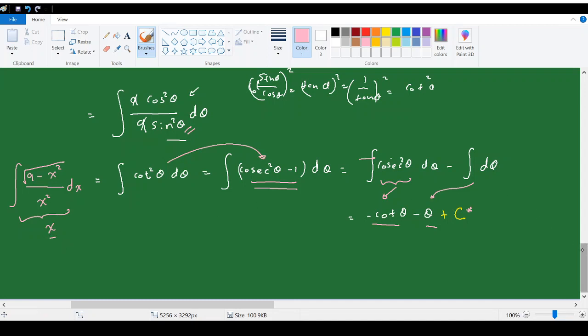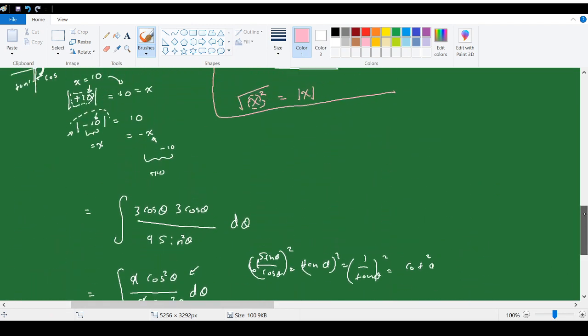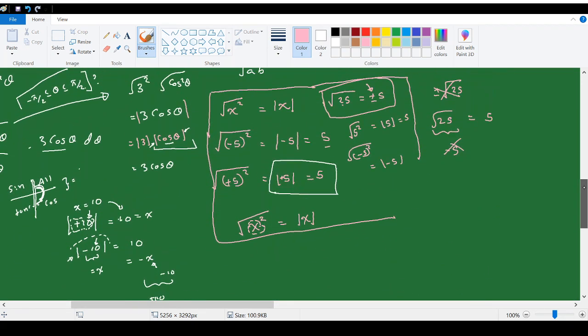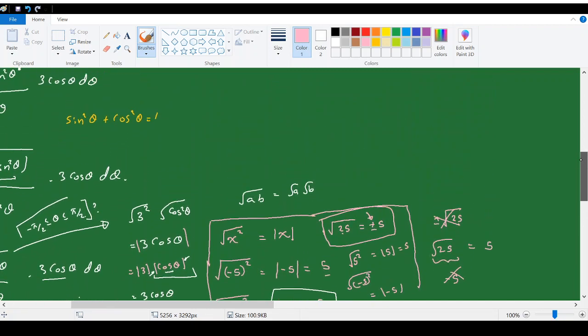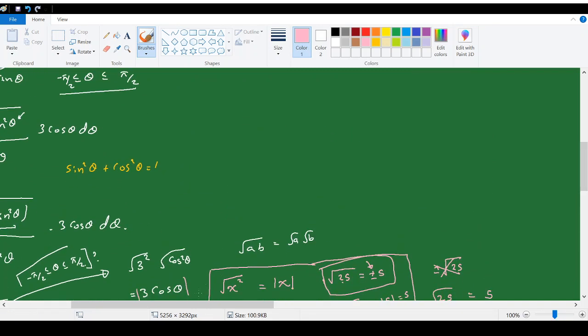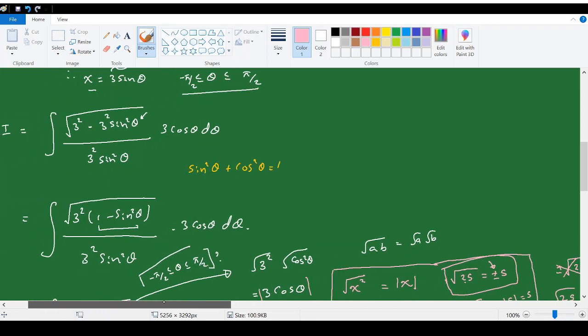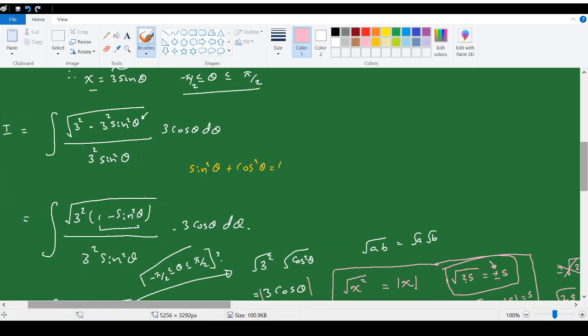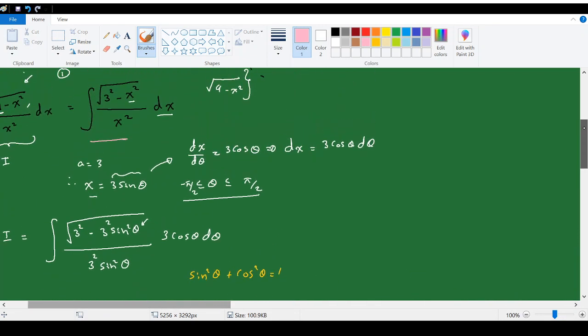Now I am going to teach you how to convert all the variables back in terms of x. It's not a difficult thing at all, it's just a standard procedure that we have to follow. So the method is, we can use the substitution, which is x is equal to 3 sine theta.